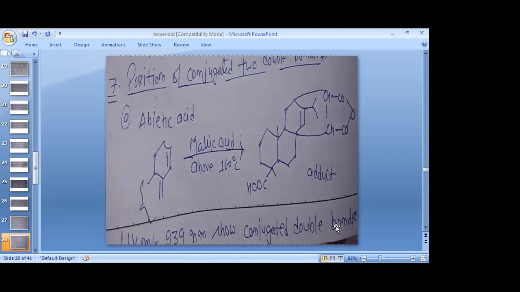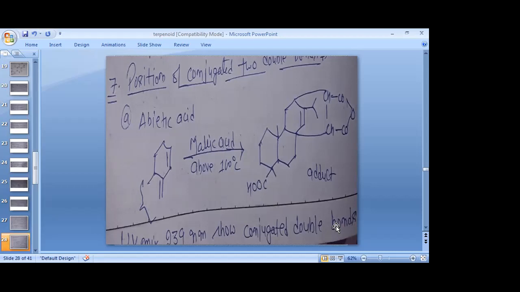One, with the help of UV spectroscopy you can confirm there is a conjugated double bond, and second, by a chemical reaction.